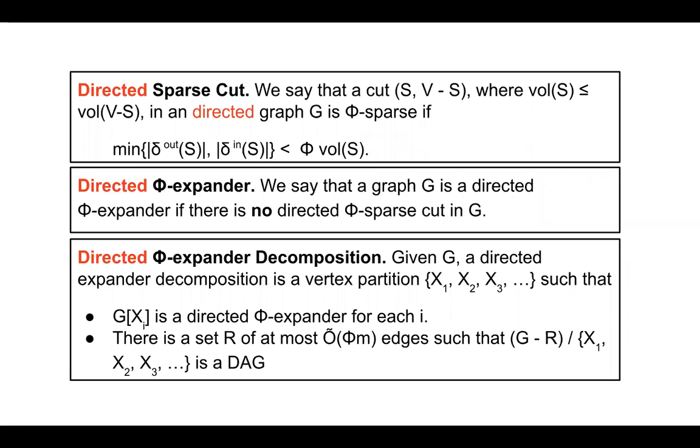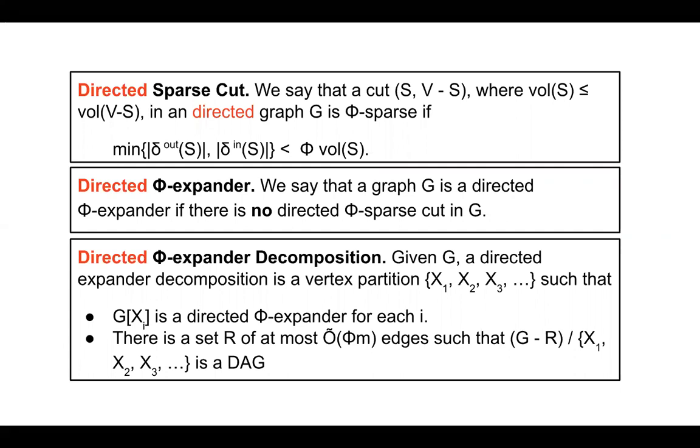And we showed that you can actually get something that is kind of close to a phi expander decomposition in undirected graphs. So here you're given, again, a graph, you're partitioning it into sets X1, X2, X3. Each Xi, like the induced graph on Xi, is a directed phi expander.